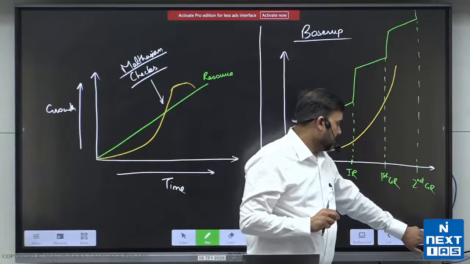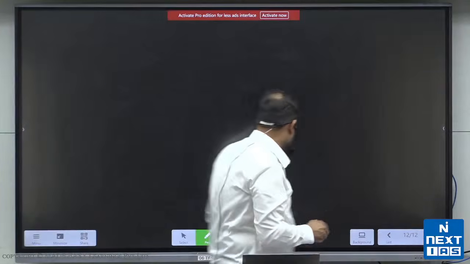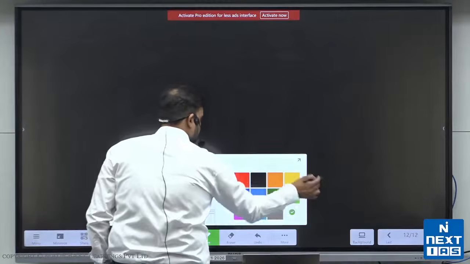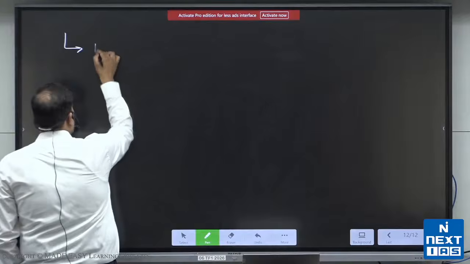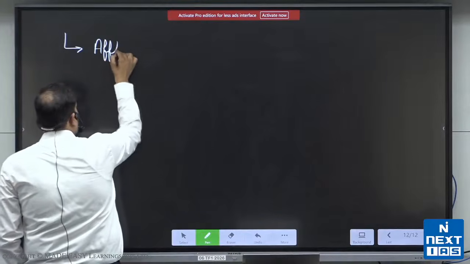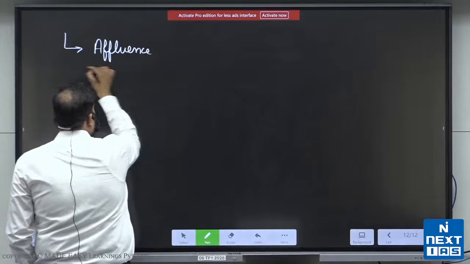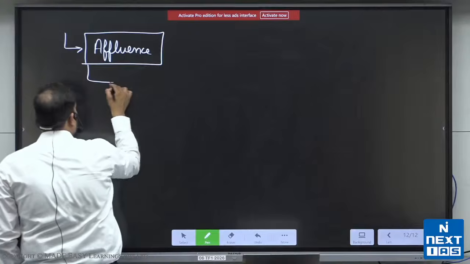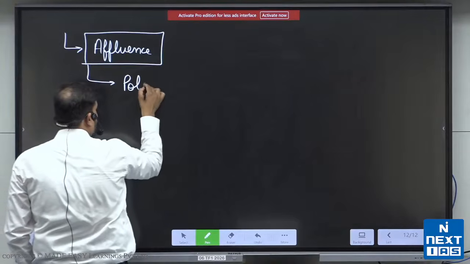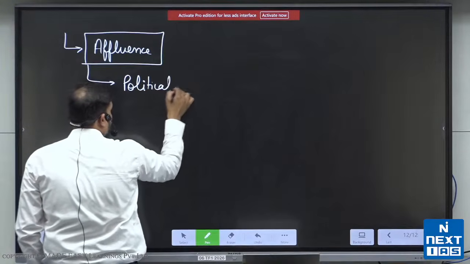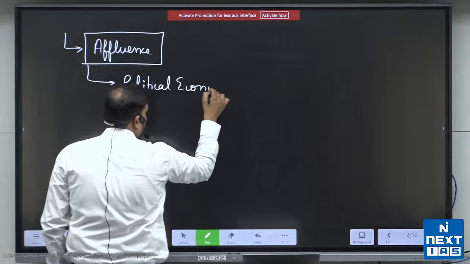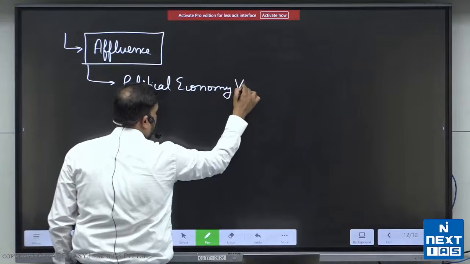ठीक है? So when I am talking about the factor of affluence, affluence as a factor, it is explained by the political economy view.